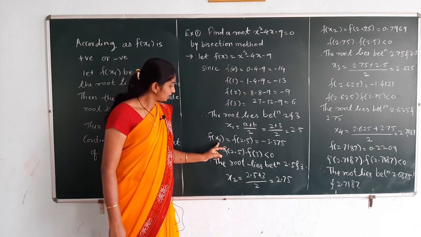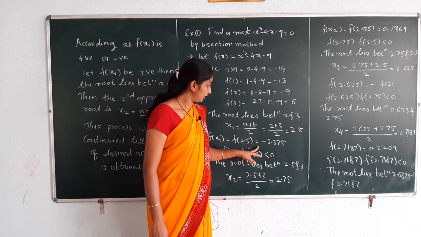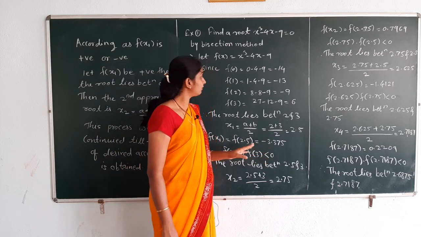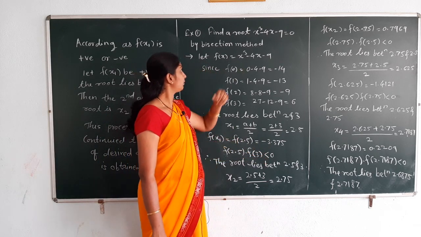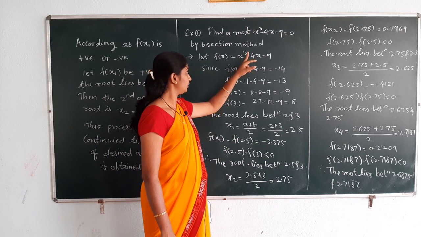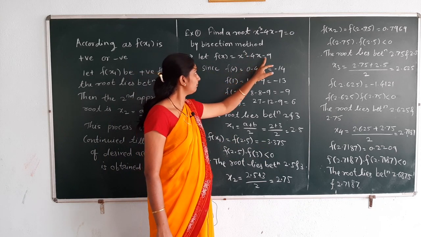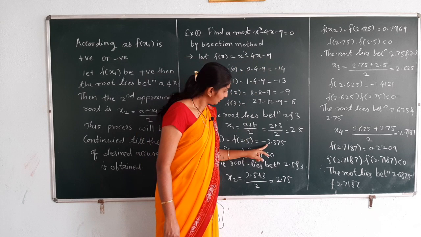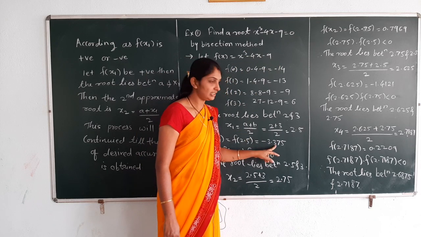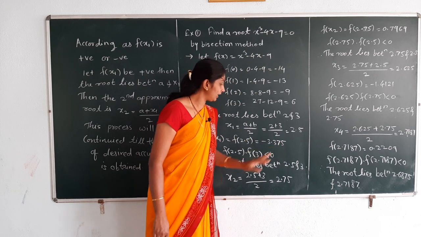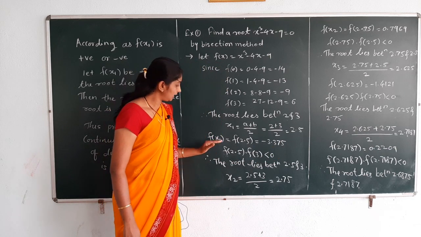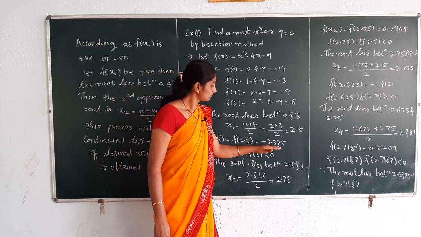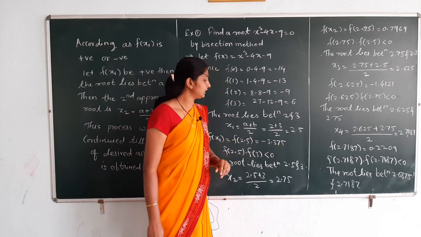Putting x1 is equal to 2.5, we get 2.5 cube minus 4 into 2.5 minus 9, which gives minus 3.375. So f of x1 is equal to minus 3.375.